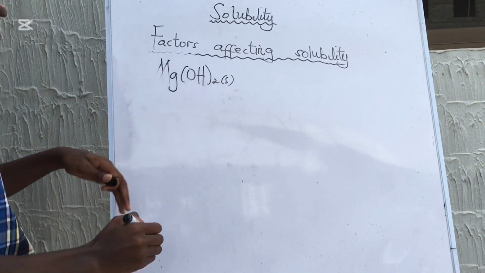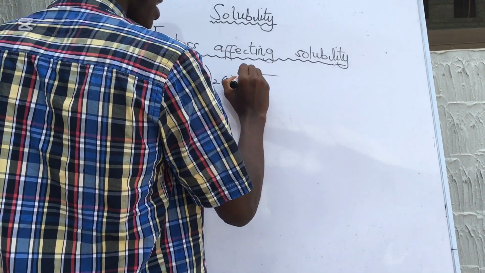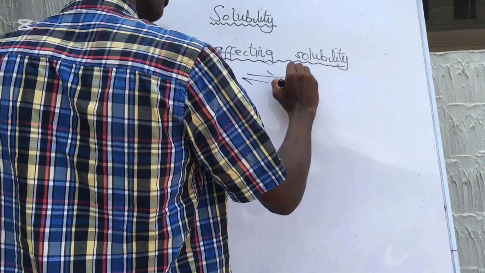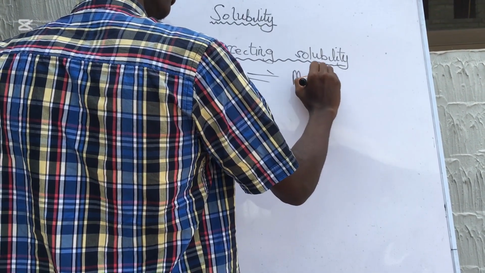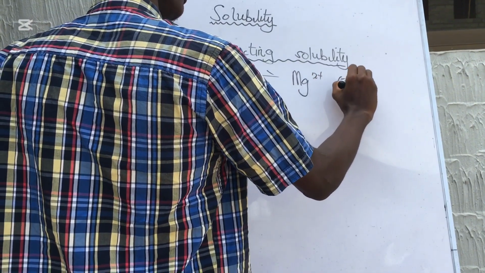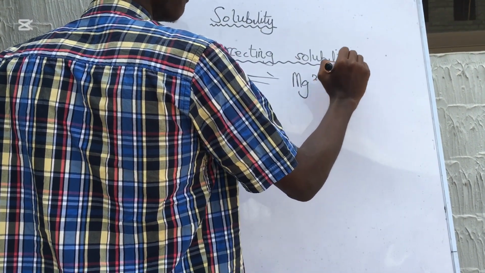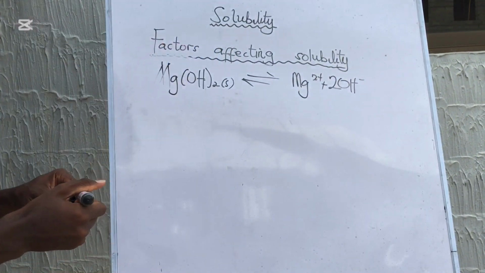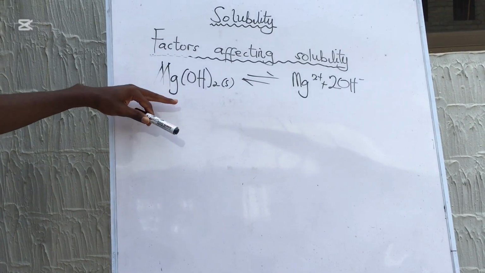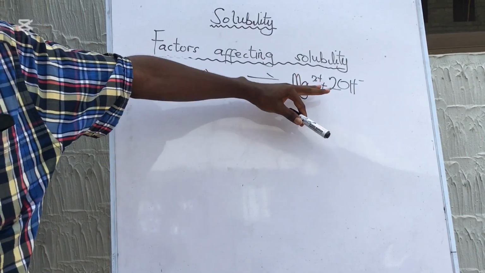If this is a salt and we are dissolving it in a solution, the ions that we are expecting to get at equilibrium should be Mg2+ and OH minus, but 2 of them, so that it will balance out. So now if we dissolve this salt in a solution, this is what we are getting.